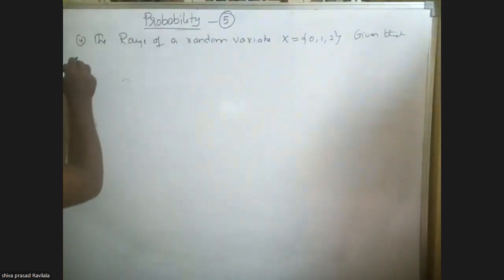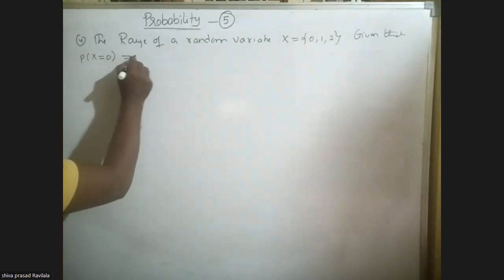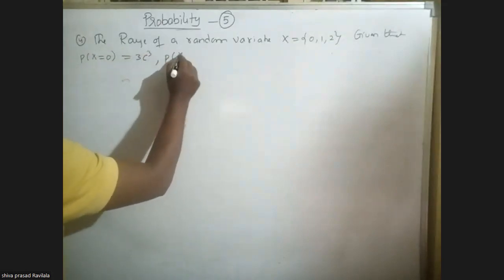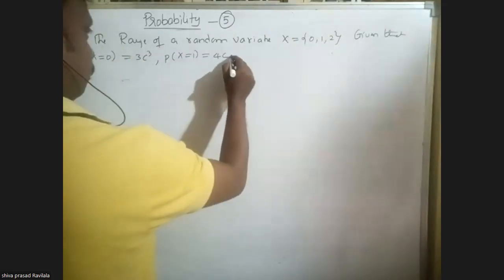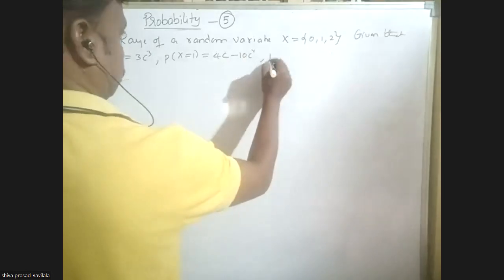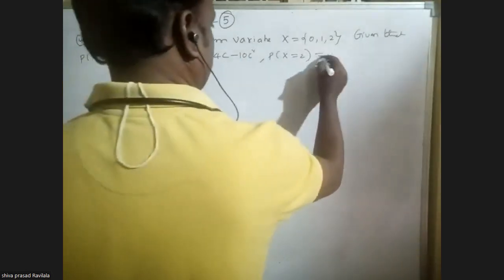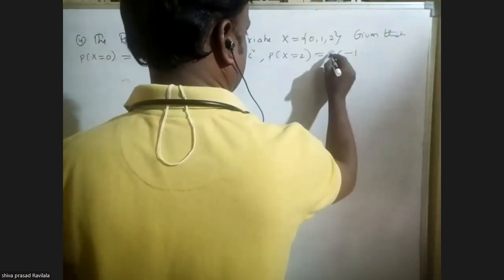It is also given that the probability of x is equal to 0 is 3c cube, the probability of x is equal to 1 is 10c square, and the probability of x is equal to 2 is 5c minus 1. They may ask this type of standard question.